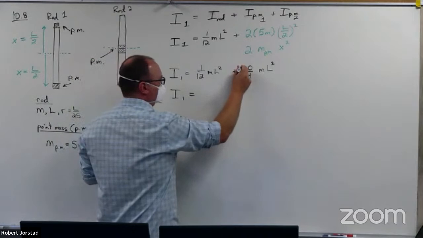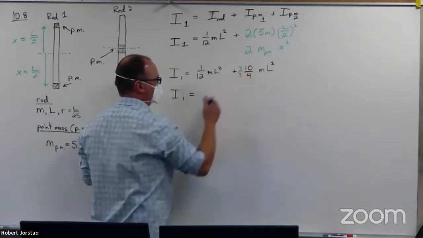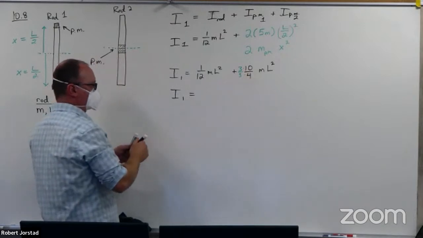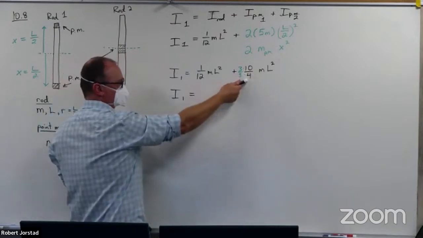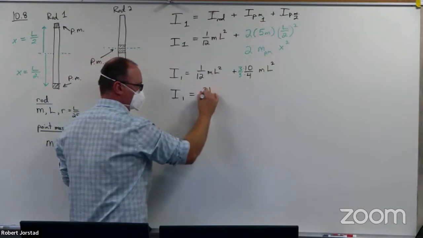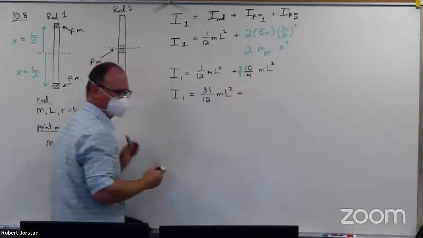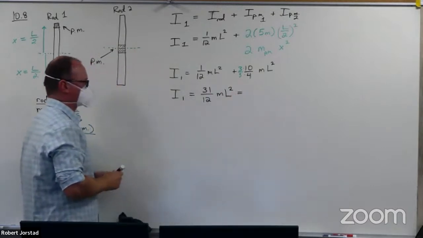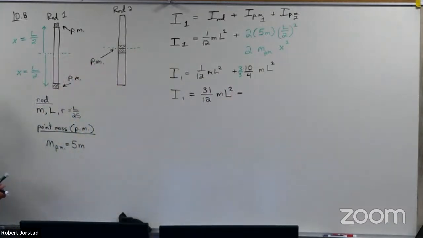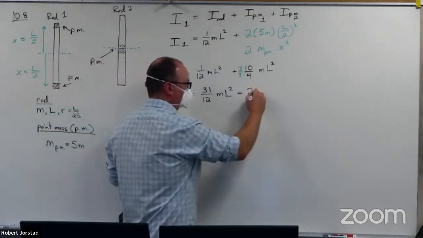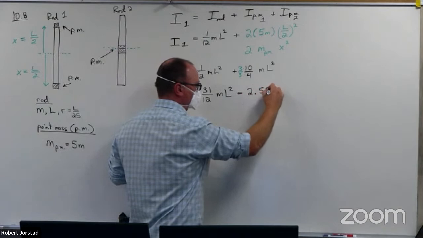Can't help it. But in this case, we're going to get 30 twelfths plus 1/12, 31 twelfths. Could somebody punch that in real quick and get a decimal? What do you get for 31 twelfths? 2.58333. Okay, that's good.